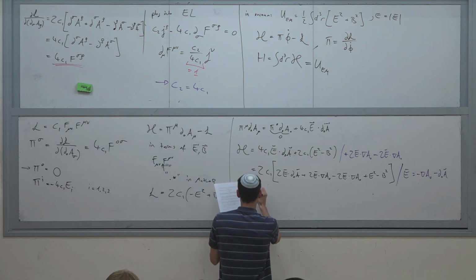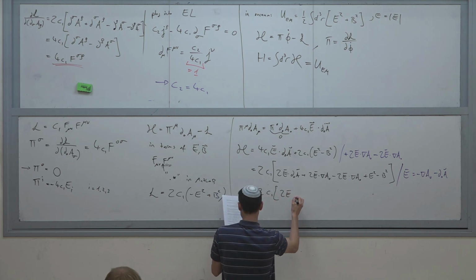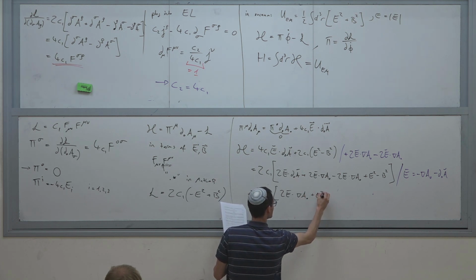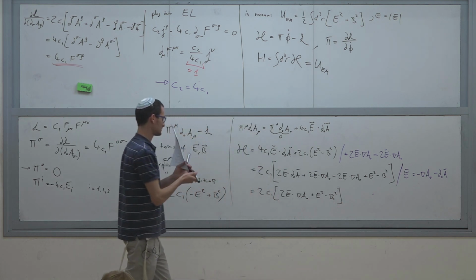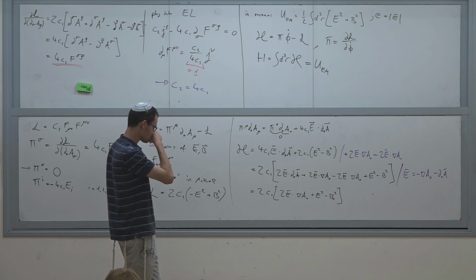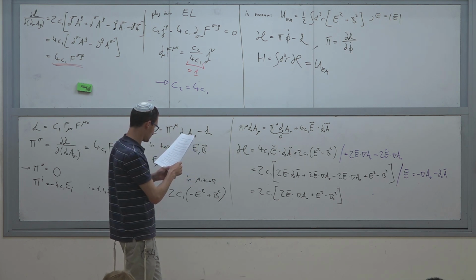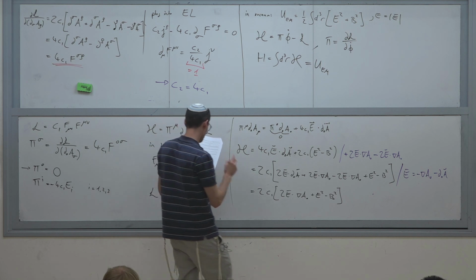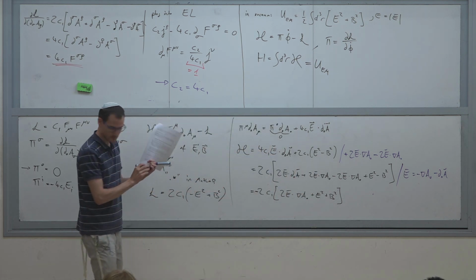So what you get here is 2c1, 2E gradient A0 plus E squared minus B squared. Sorry, minus and plus. Okay, let me explain this.